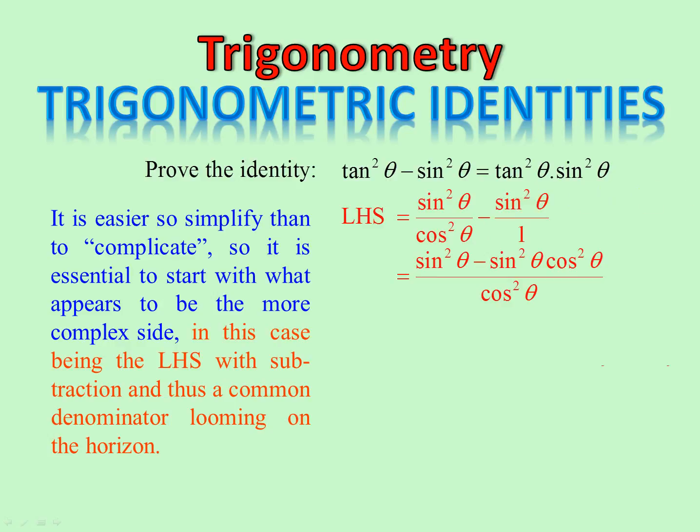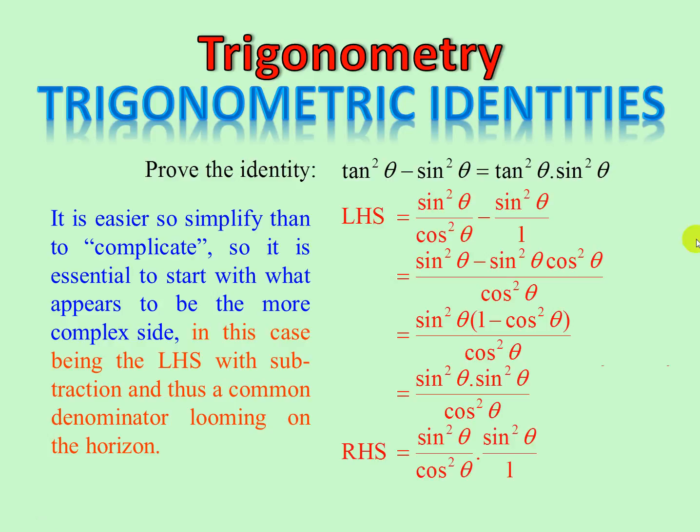Now, on the top line, we have some algebra to do. We take out a common factor of sine squared, and we have 1 minus cos squared, which gives us sine squared. Now, there are a couple of options here.